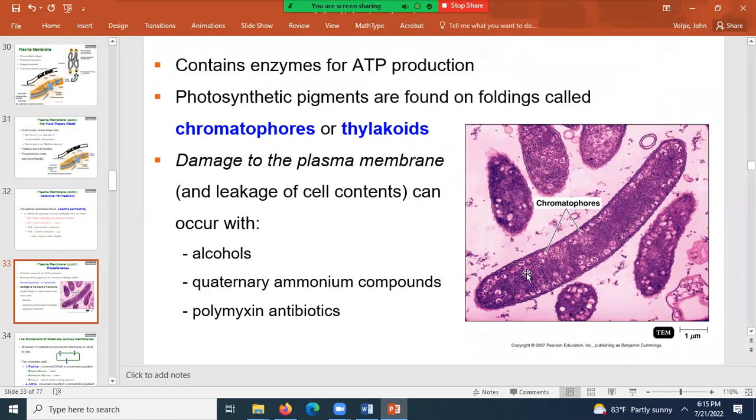But you don't have chloroplast in a bacteria, but we do have the folding of the cell membrane. And it's in the cell membrane, in the folds, that we have the photosynthetic pigments.